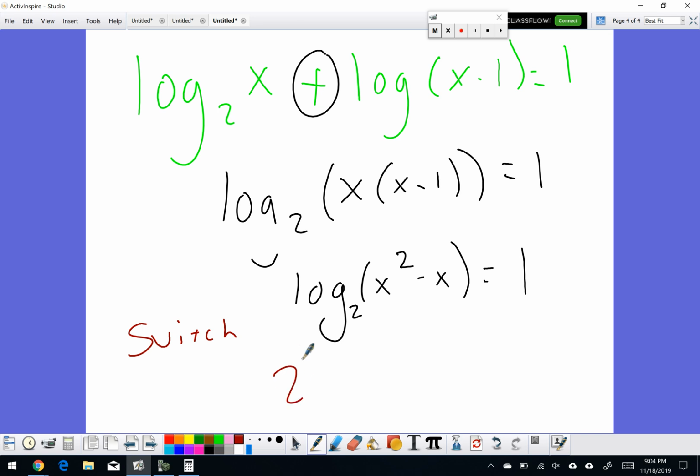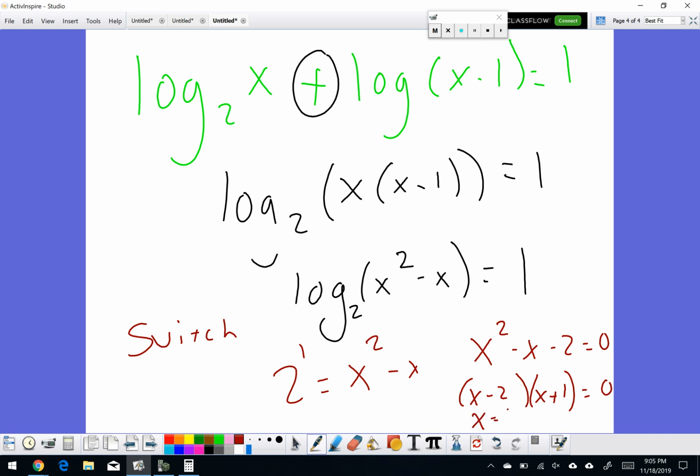So I'm at 2 to the first equals x squared minus x, which is x squared minus x minus 2 equals 0. I'm going to factor. So x is 2 and negative 1.